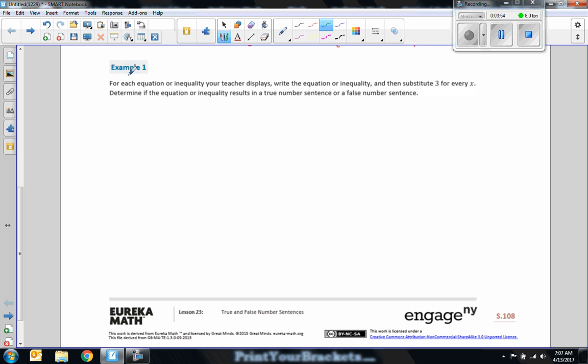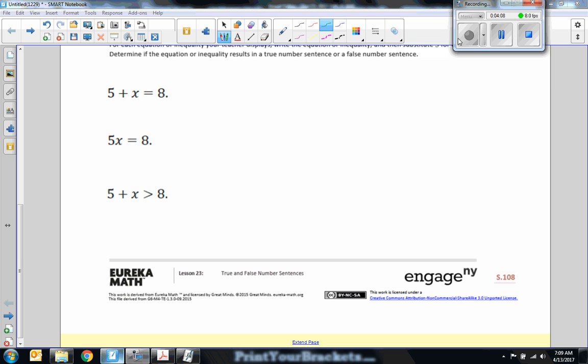Okay, example 1. For each equation or inequality that I will display, write the equation or the inequality and then substitute 3 for every x to determine if the equation or inequality results in a true number sense or a false number sense. Okay, so here are the 3 that I'm going to display.